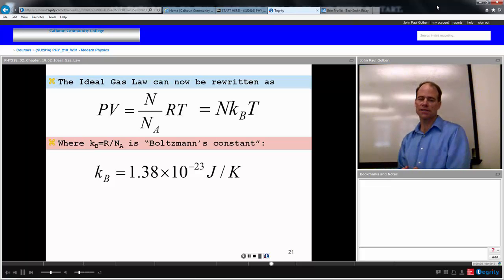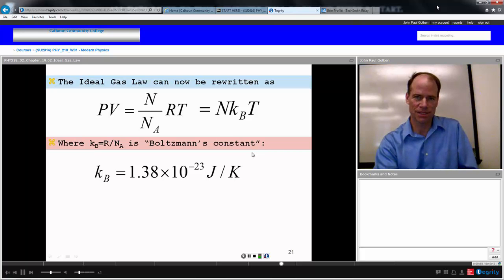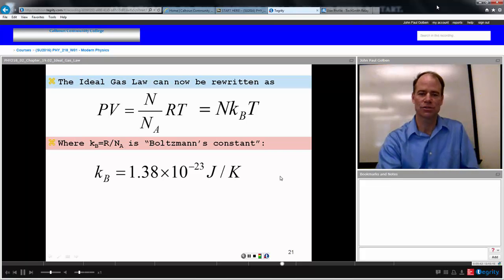Boltzmann's constant is the gas constant divided by Avogadro's number. So we have 8.31 divided by 6.022, and that gives us 1.38. And then 1 over 10 to the 23 will be 10 to the minus 23. So we end up with 1.38 times 10 to the minus 23 joules per Kelvin.